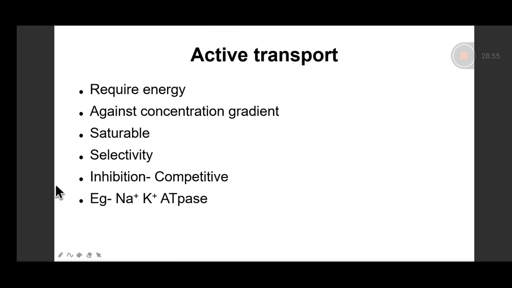An example of active transport is sodium potassium ATPase. It is there in muscles, it is there in the heart, etc. This active transport by this transporter pump enables movement of sodium and potassium across cell membranes. You all know this? Yes? Sodium potassium ATPase, you all know? Yes or no?